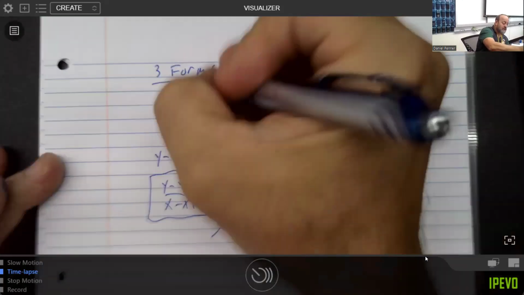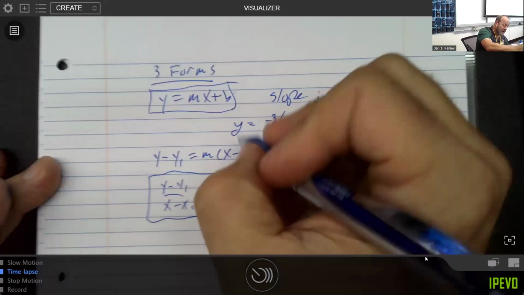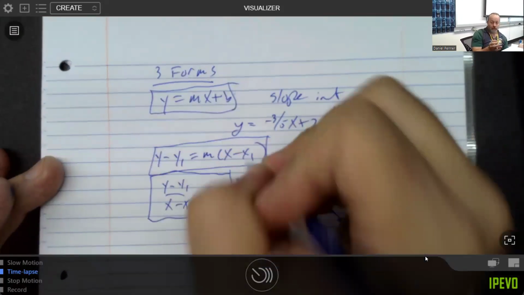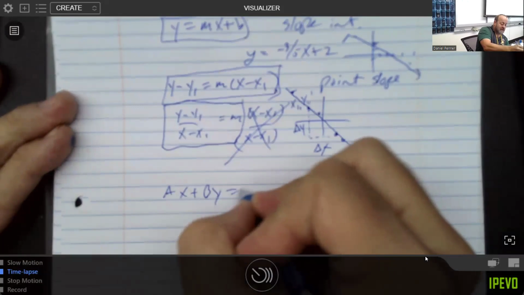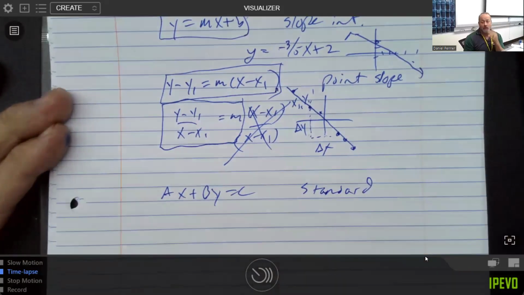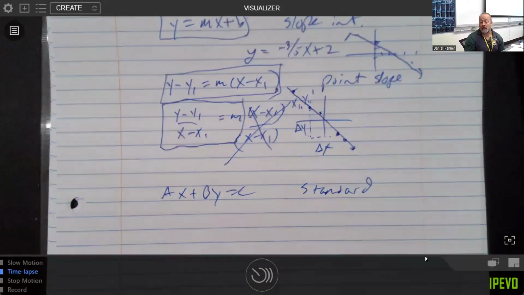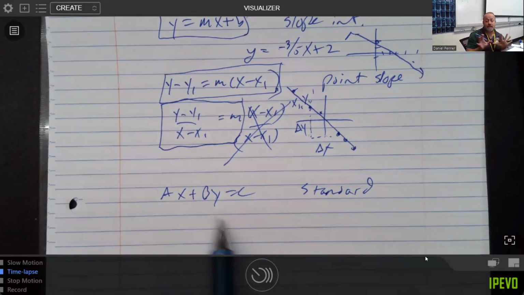So form 1, slope intercept, is the one you were first taught. Point slope, a little bit more advanced. And then the last one is ax plus by equals c, and this is called standard. Standard is actually the one that is favored by a lot of engineers and an awful lot of mathematicians, because A, B, and C aren't fractions.